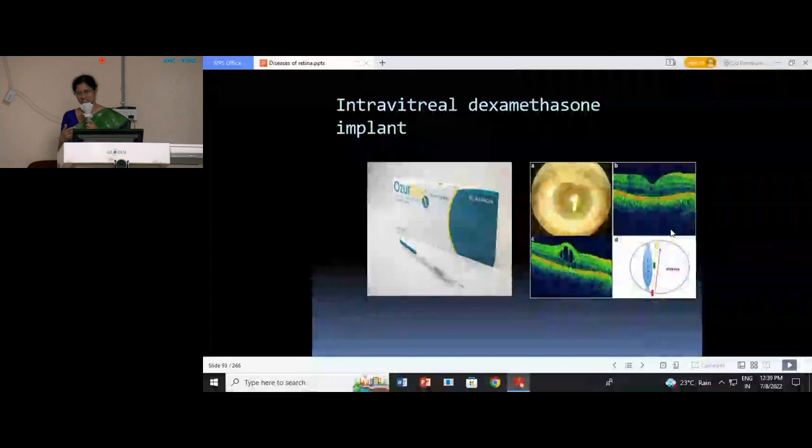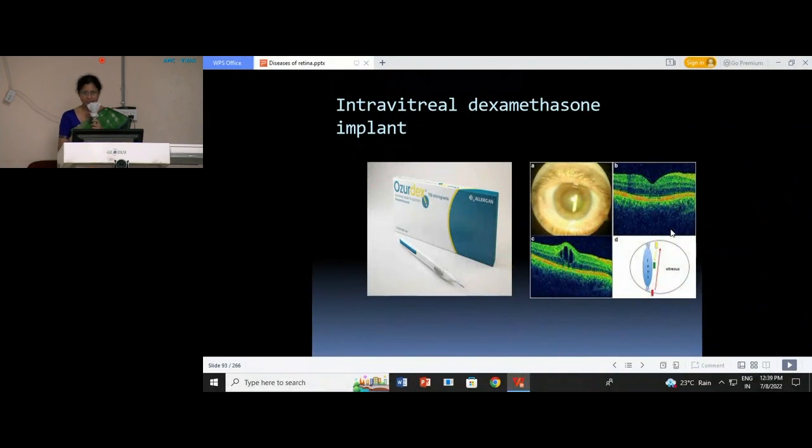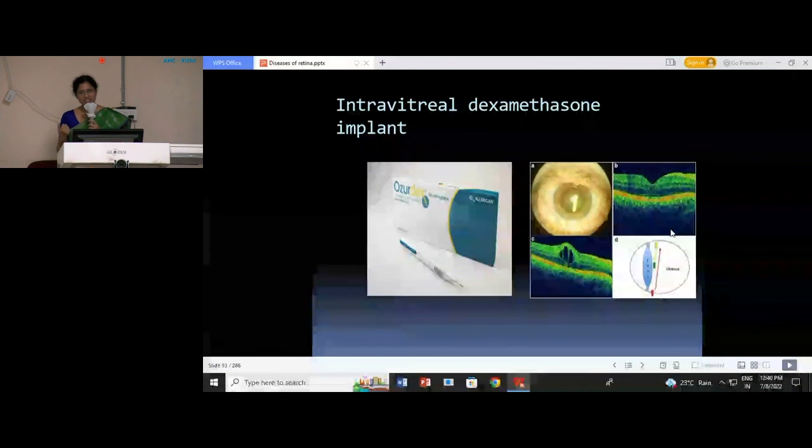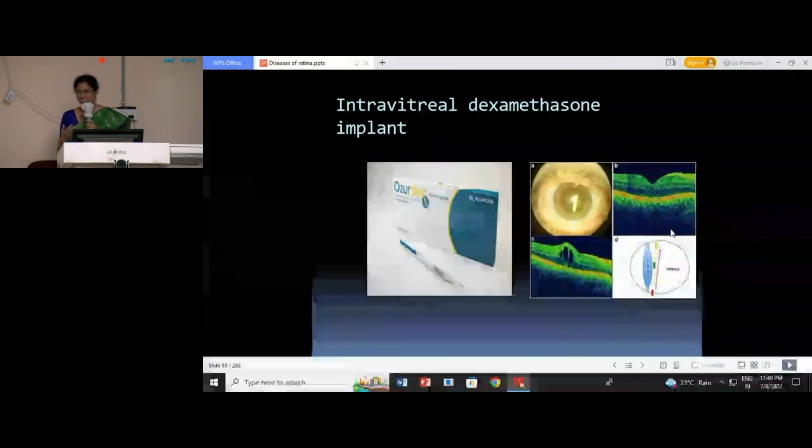For mild and moderate NPDR, regular follow-up should be done according to the protocol. For severe, very severe, and proliferative diabetic retinopathy, we need to treat with laser, that is pan-retinal photocoagulation.